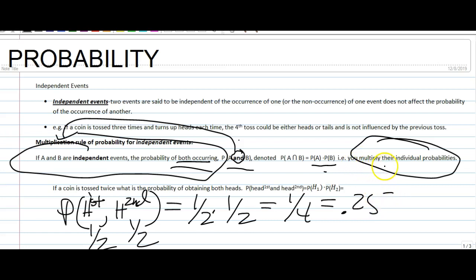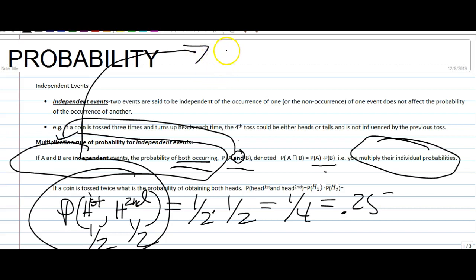So again, if the events are independent and I'm trying to determine the probability that they both occur, then I multiply their separate probabilities. And we can demonstrate this by simply creating the sample spaces. If I toss two coins, here are all the possible outcomes. I could get heads on the first toss, heads on the second toss. I could get heads on the first toss and tails on the second toss.